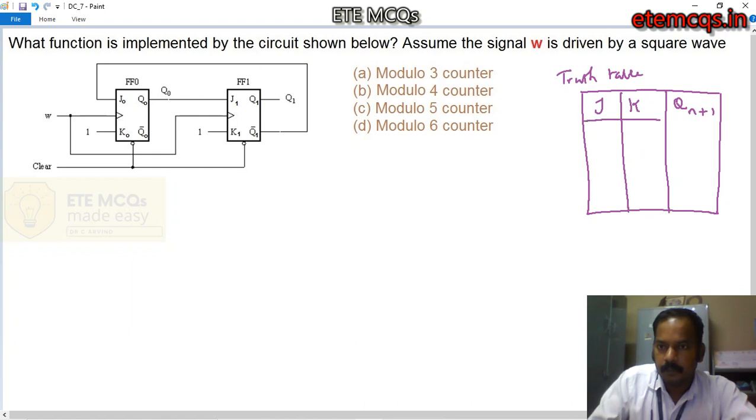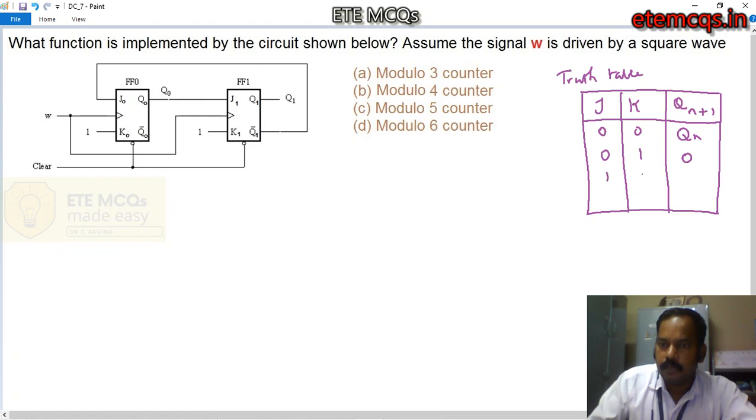The flip-flop will produce the output only at the active edge triggering of the clock pulse. So the four possible combinations you can have for J and K: for J equal to 0 and K equal to 0, the previous output is maintained as such. When J is 0 and K is 1, Q of n plus 1 will be 0.